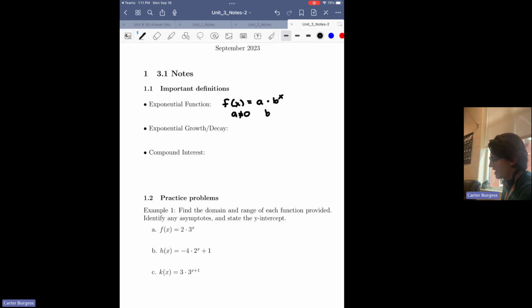Along a similar line, we'll say that b is not allowed to equal 1. If b is 1, 1 to the power of x is 1, regardless of what x is. And so we run into that issue again: nothing wrong with having b equal to 1, it's just not a particularly interesting function. You just get a constant function rather than exponential.